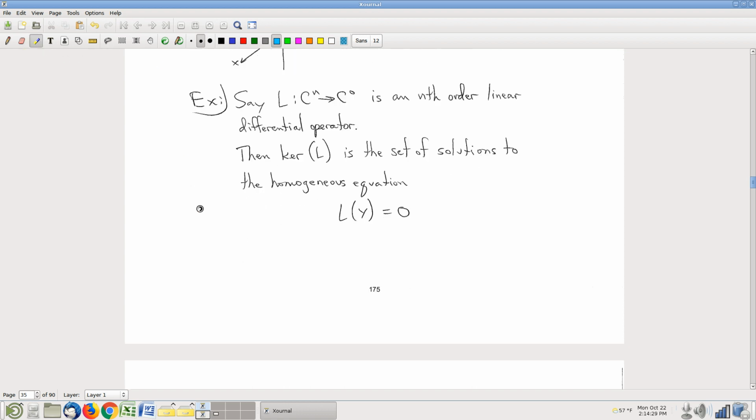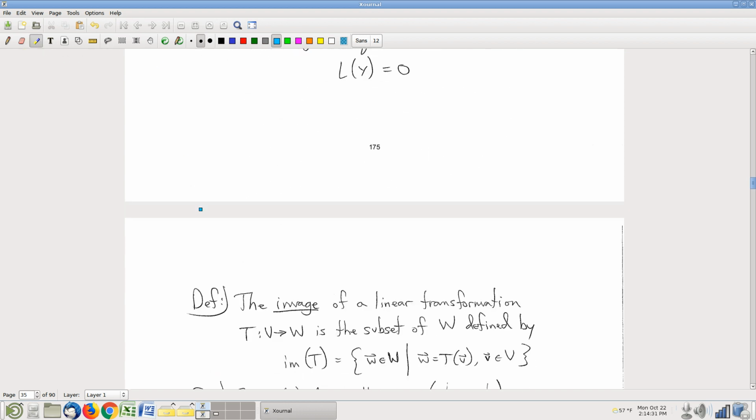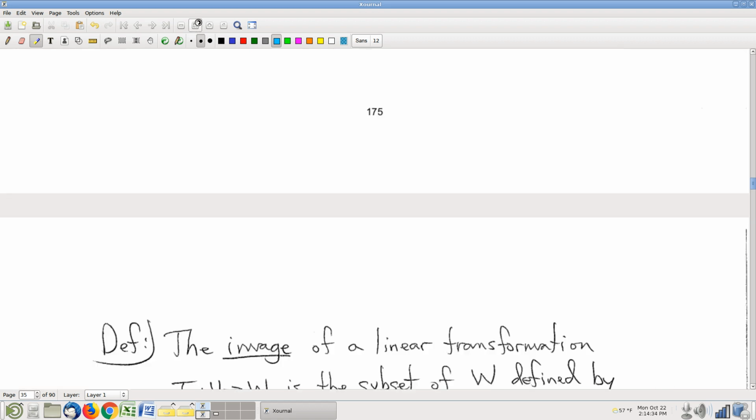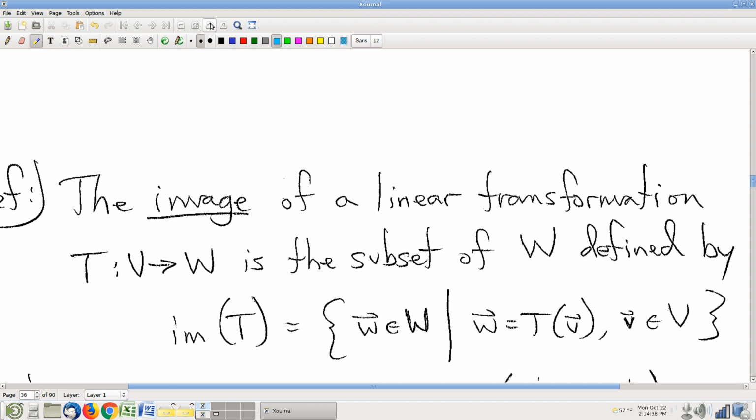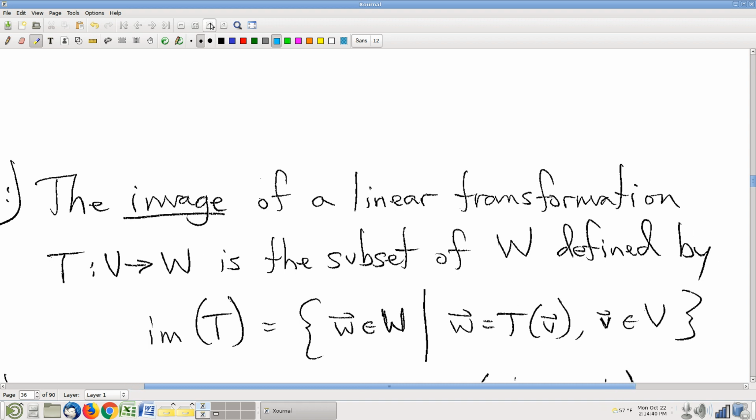Moving along. The image. Now, we've talked about this already. I just want to say this again just to have it said. So the image of a function, right? We made a big deal out of that last time. The image of a function, here a linear transformation, is the collection of all vectors in the target with the property that that vector in the target is the image of some vector v in the domain.